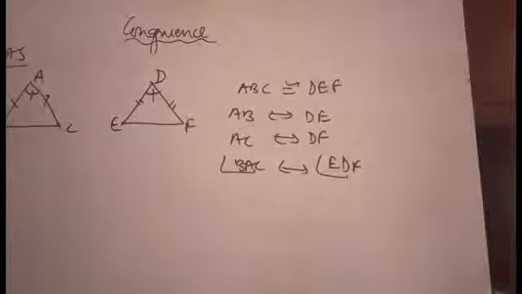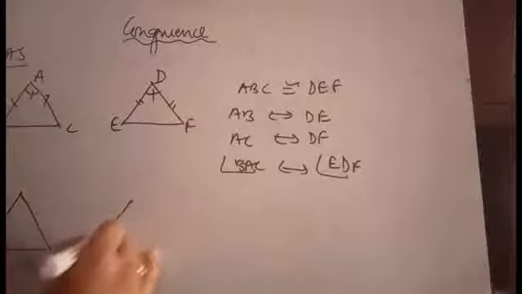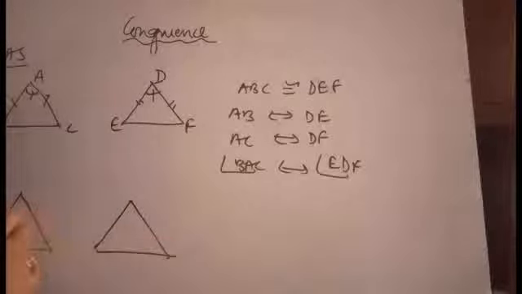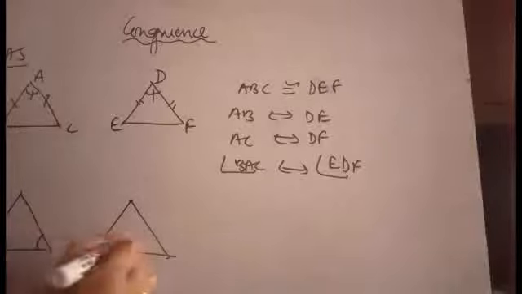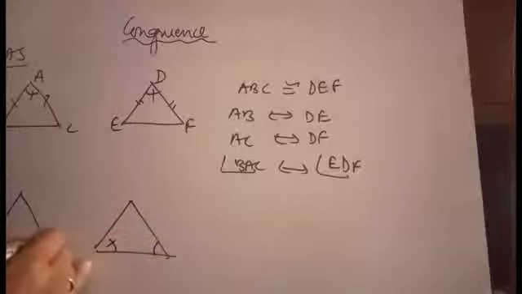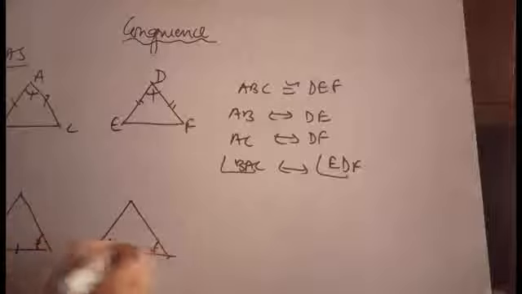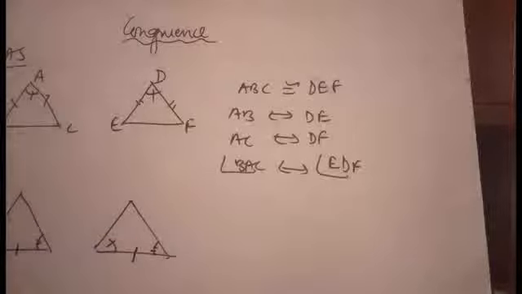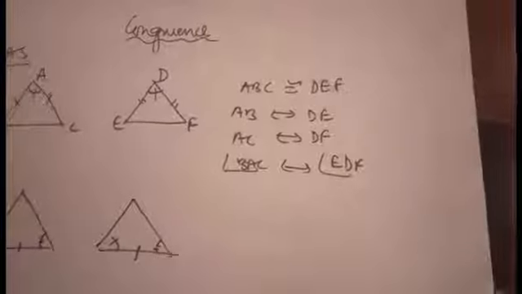The next is now ASA. You have the two triangles. The two angles and the side on which the angles are formed, if they are equal to each other, then the triangles are congruent.